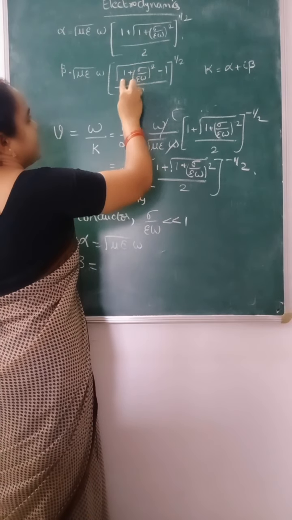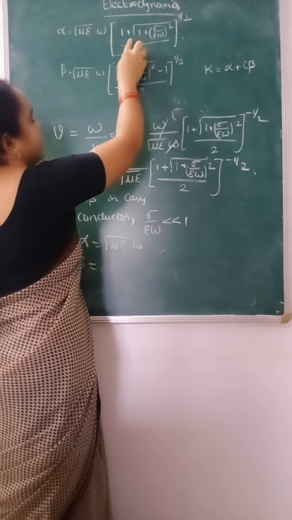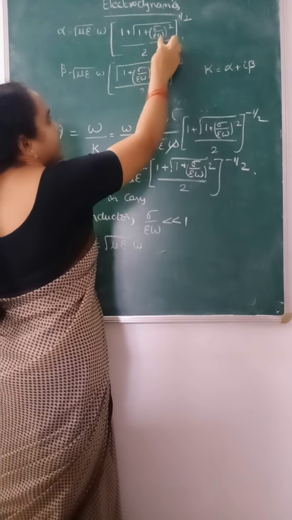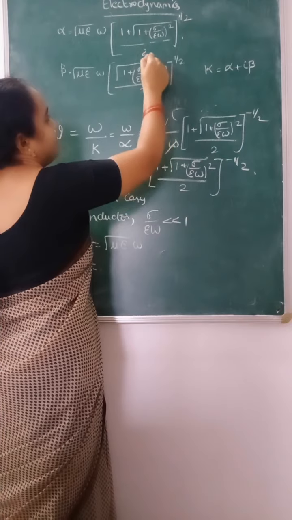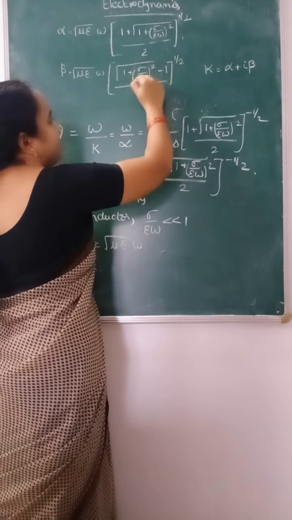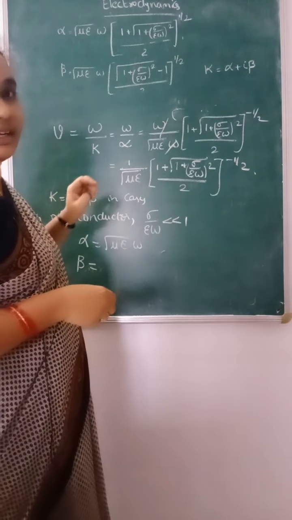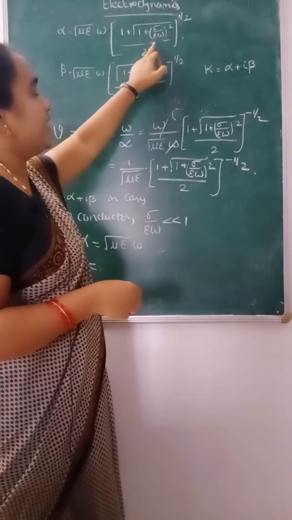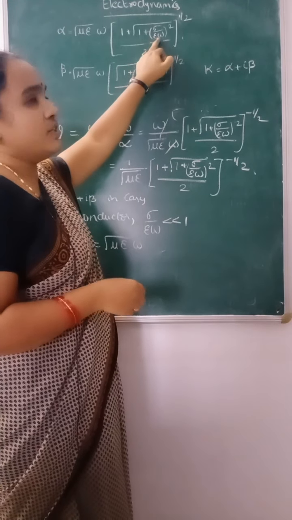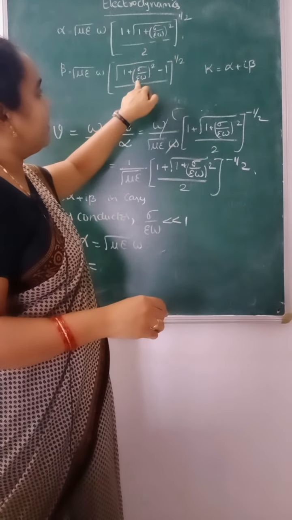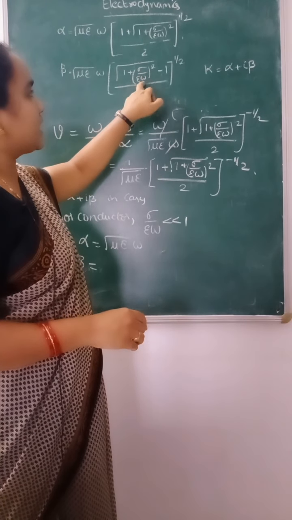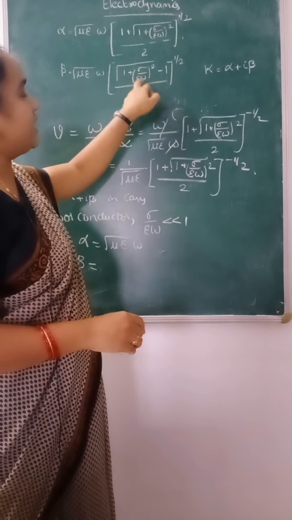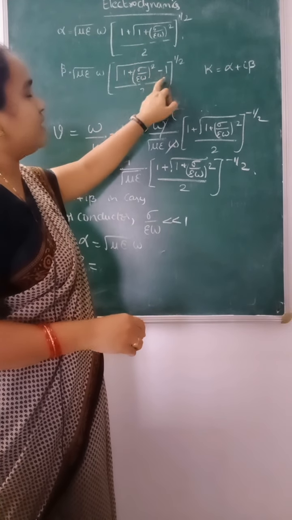These two terms are negative terms. Since it is 1 plus term, this is very much less than 1, so we have neglected it. Here it is a minus term, so we should take this value only. Have you understood? If it is less than 1, we should eliminate this one. If it is a minus term, this is the greater term. So here we should consider this value only, the remaining two terms will be cancelled.